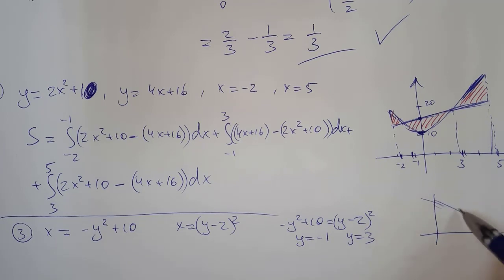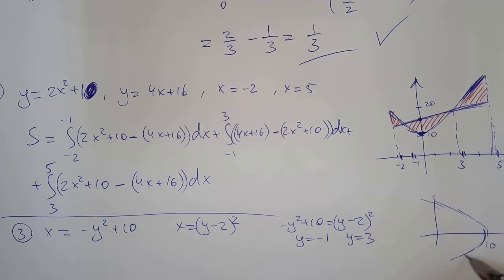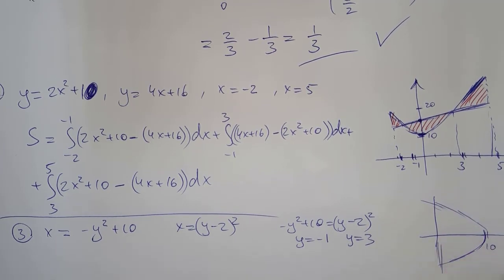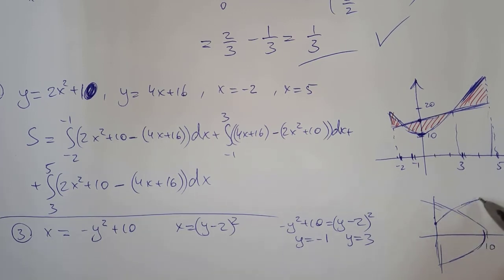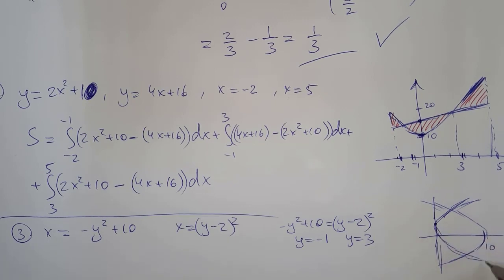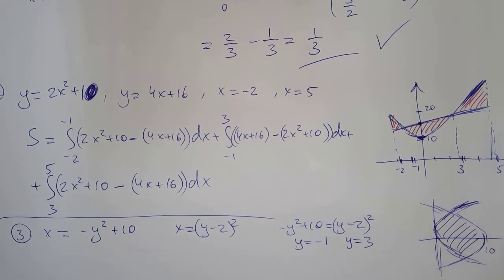The parabola going to the left side. And now the second one to the right side. Here we have 2 as the 0 point. If it is 2, it will be like this parabola, and like this, yeah.